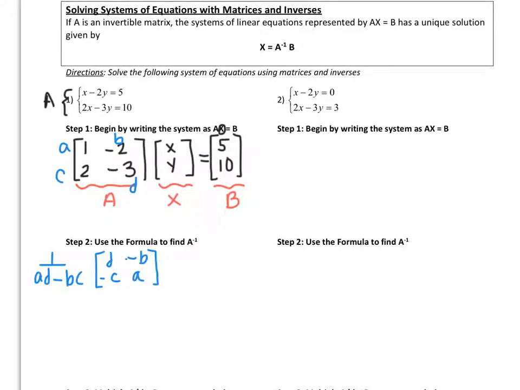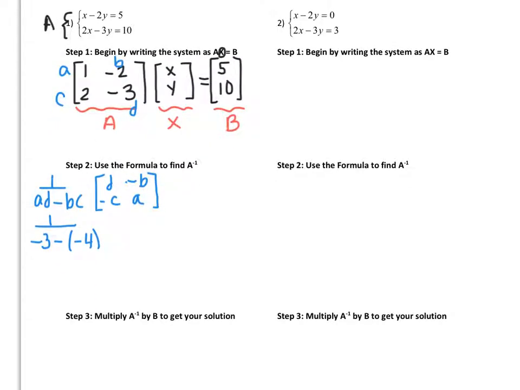So when we multiply A and D, we're going to multiply these two. So it's just 1 over -3 minus 2 times -2, C times B, is -4. So we have 1 over 1. -3 plus 4 is 1. And then we are going to write our inverse matrix next to it.